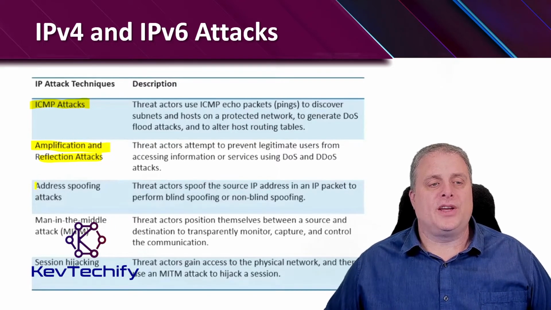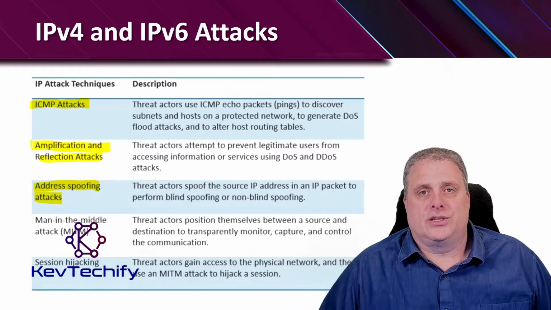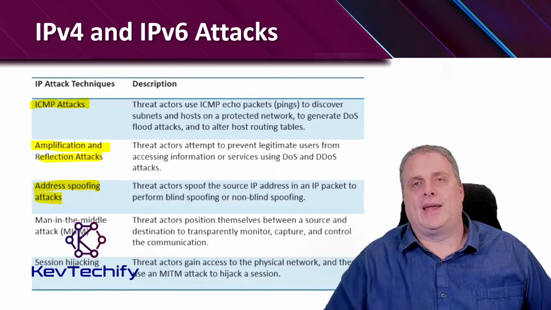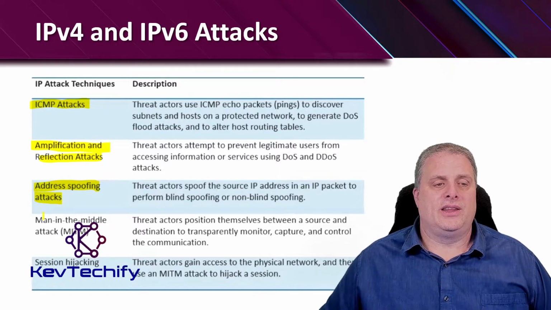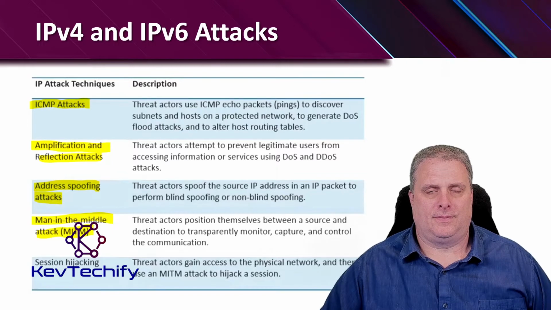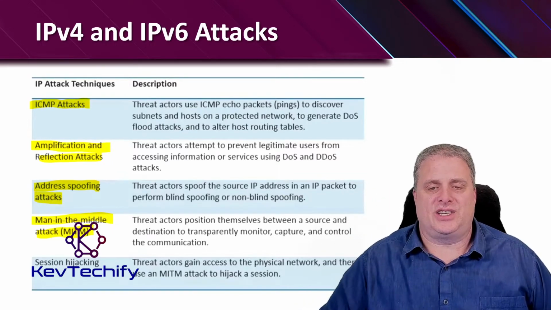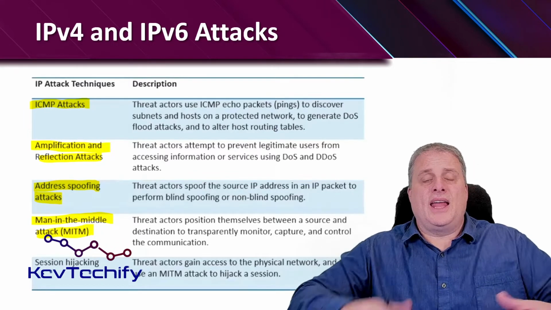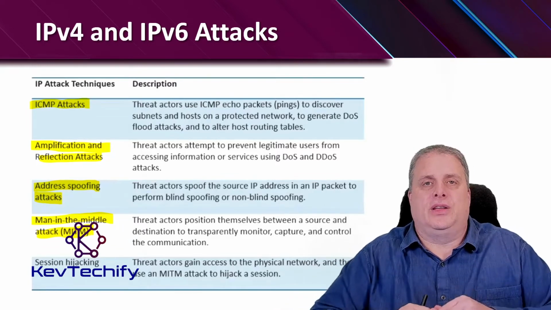With spoofing attacks, the threat actor can spoof source addresses, and we can see this with blind spoofing or non-blind spoofing. To add more insult to injury, the attacker could be part of a man-in-the-middle attack. They would position themselves directly between the source and the destination to monitor, capture, and control any communication that's happening between the source and the destination, and this is done transparently.